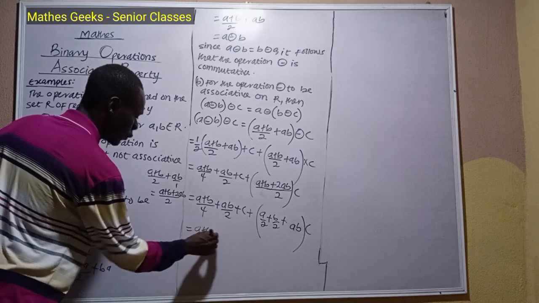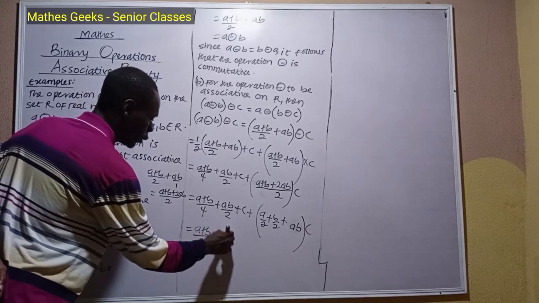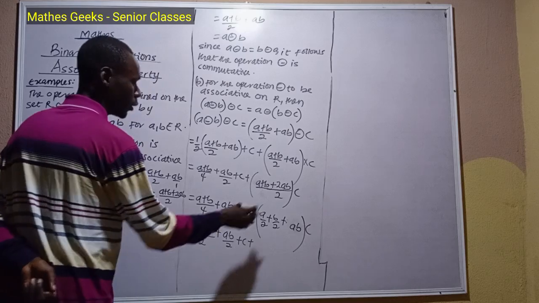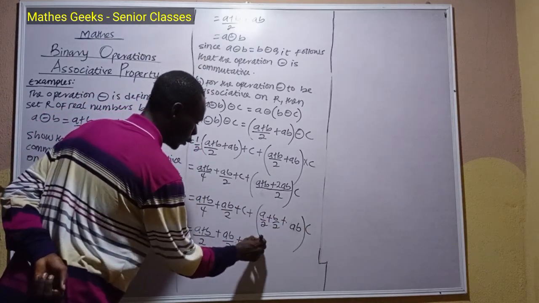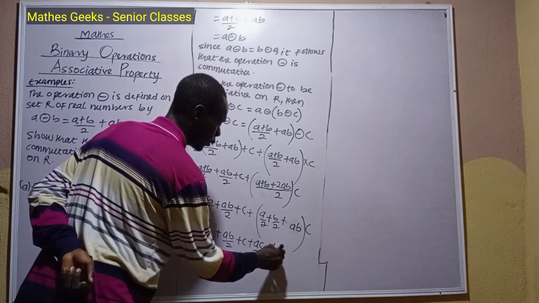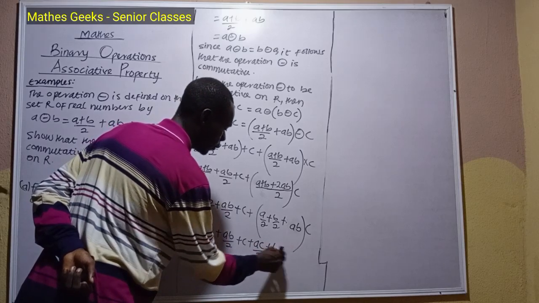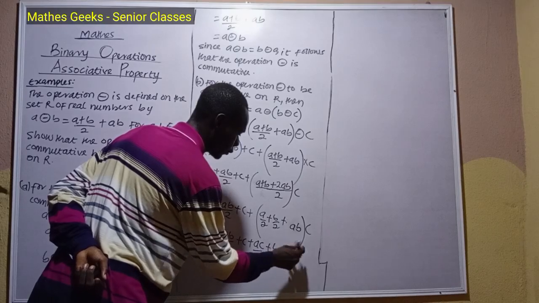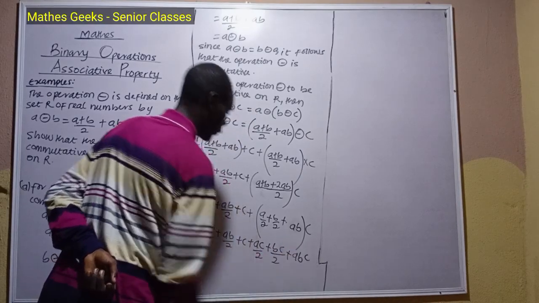A plus B over 2 plus AB over 2 plus C plus A over 2 times C will give us AC over 2. B over 2 times C will give us BC over 2. Then AB times C will give us plus ABC.